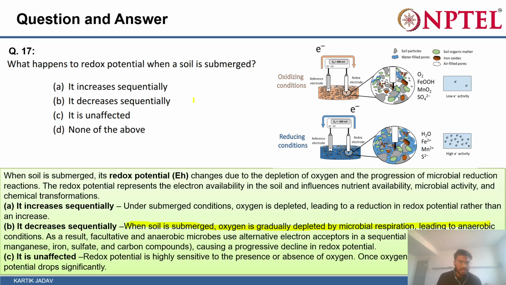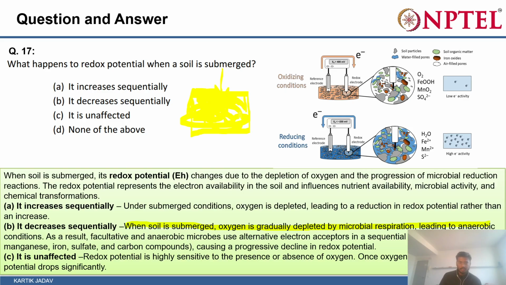What is happening? There is a submerged soil, right? So water is there, right? If it is submerged soil, then redox potential generally decreases. Why?